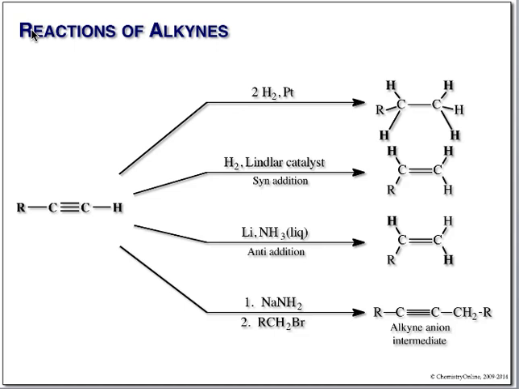Finally, we talked about this way back in chapter 6. We're going to use alkynes as nucleophiles. That is, remember I said that this hydrogen was acidic. Because it's acidic, we can yank it off with a very strong base and then use it as a nucleophile in an SN2 reaction.